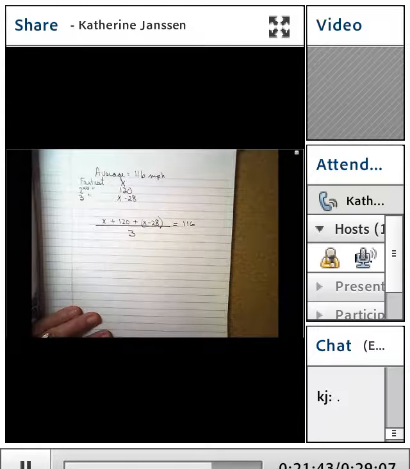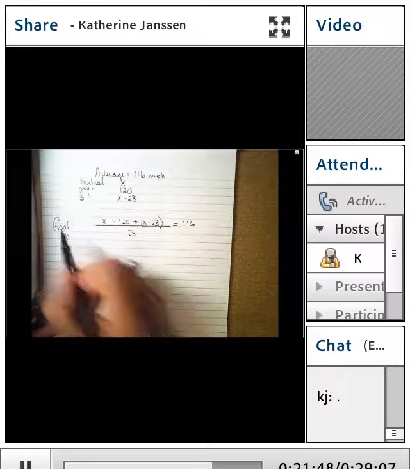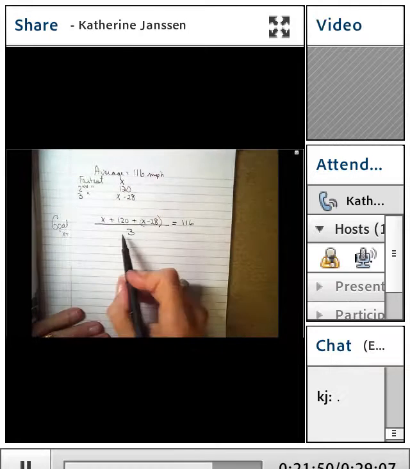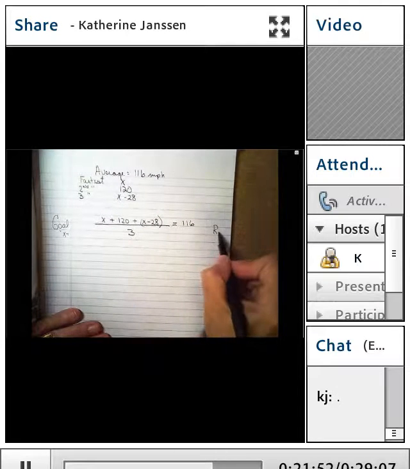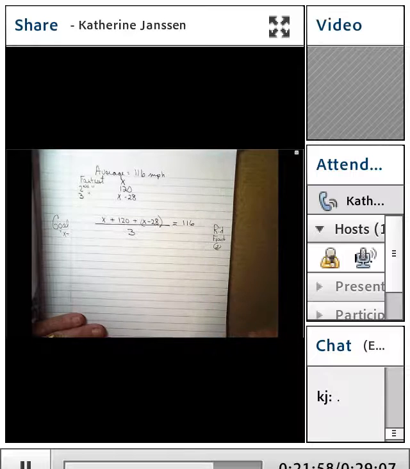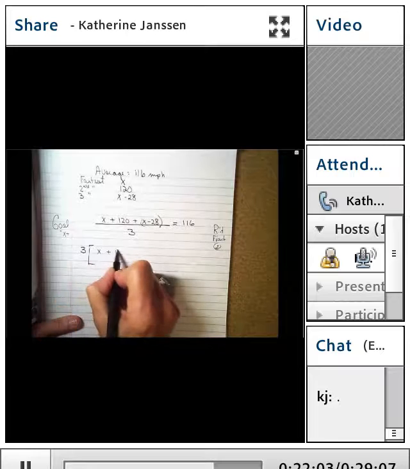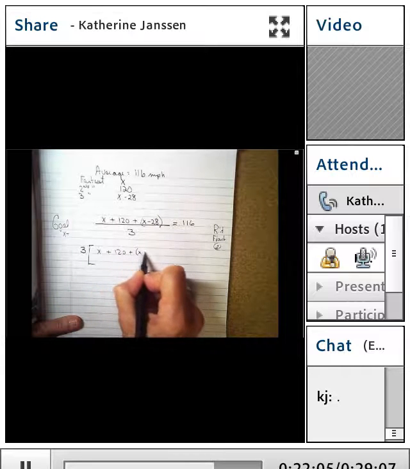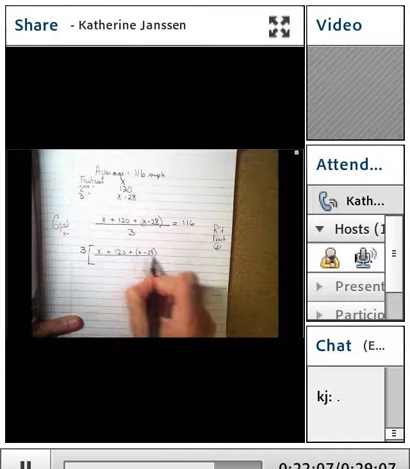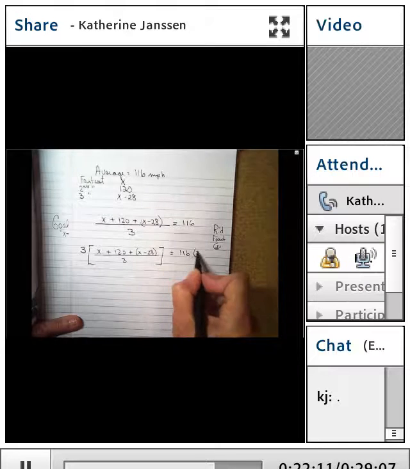And now we want to solve for x. Well, I see fractions, so let's get rid of those fractions. Our only denominator is 3, so the least common multiple is 3. Let's multiply both sides, all terms, by 3.